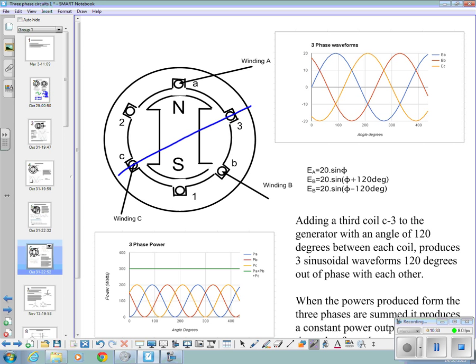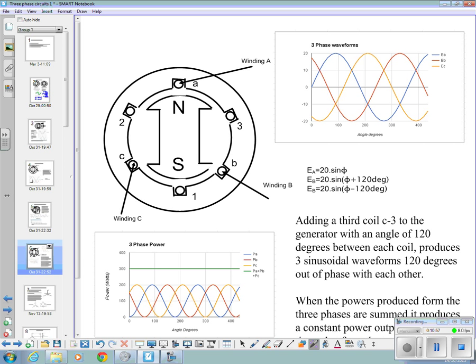So we got B is 20 sine theta plus 120 degrees, and C, that should read there, so typo, is 20 sine theta minus 120 degrees. So we got three phases now, and each of those are 120 degrees apart.